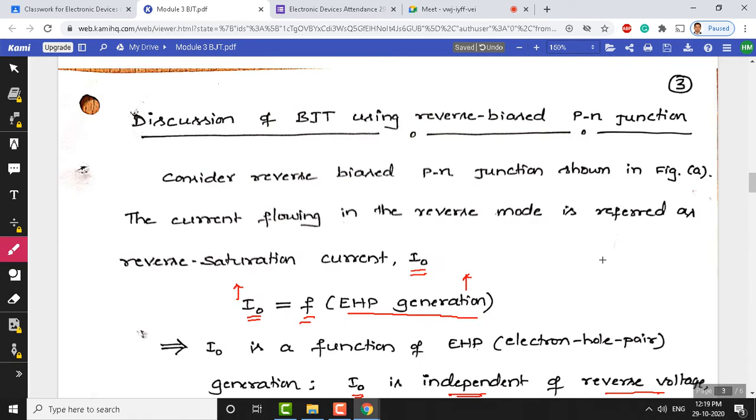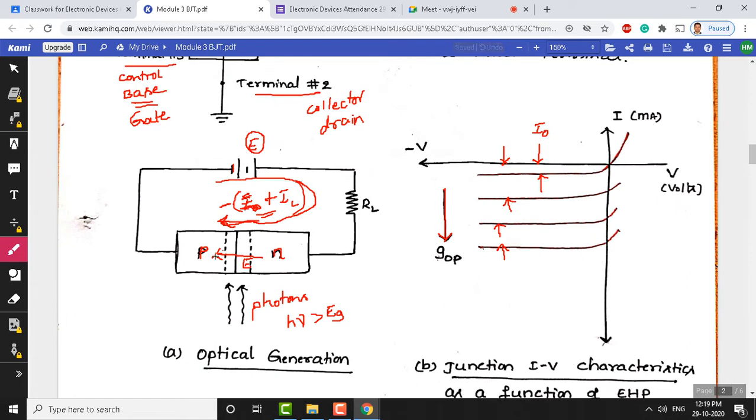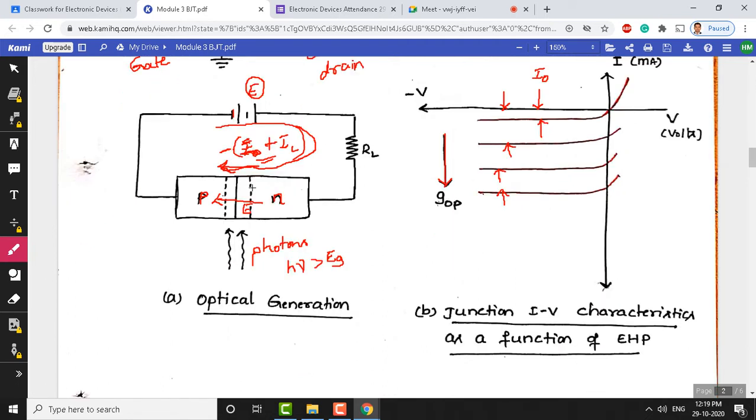What do we mean by that? What I am trying to say is that this current I naught flowing from the N side to the P side does not depend on the potential that we have applied here. It does not depend even on the electric field, at what rate this electric field is sweeping the charge carriers from the N side to the P side.